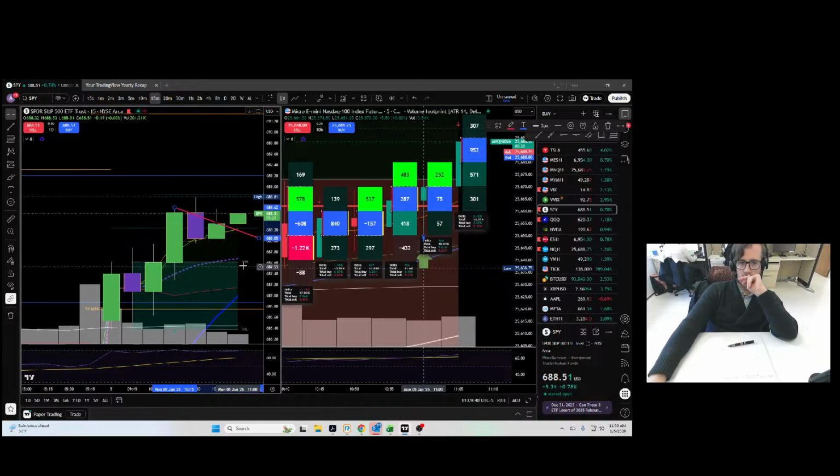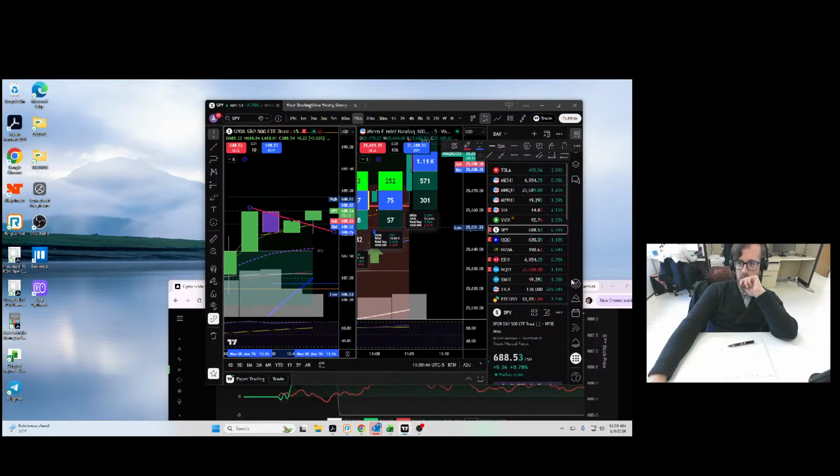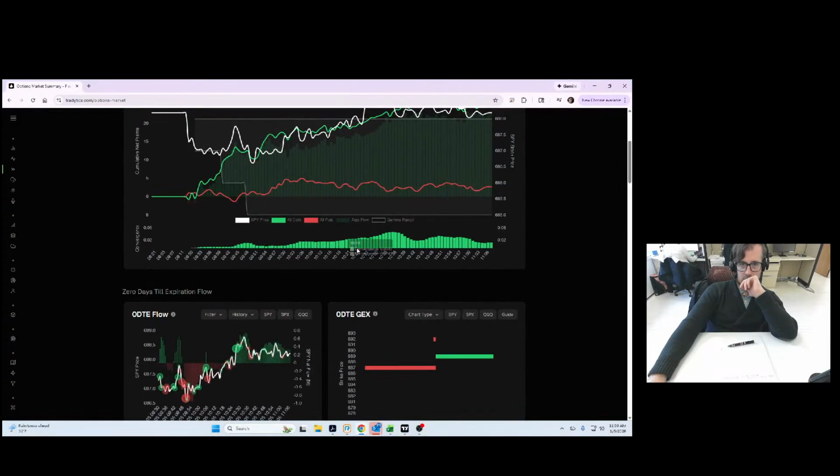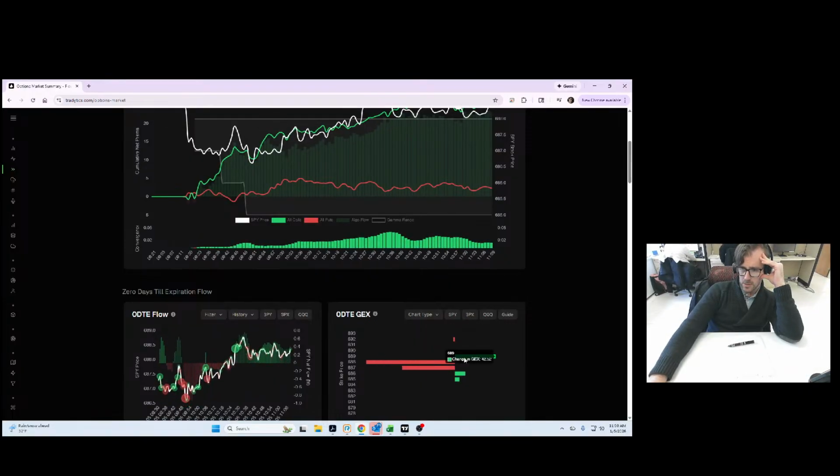Oh, gap below? No, I don't think it's going to gap below. Just given this, I mean, SPY's probably going to hit some resistance here because this gap, I mean, this is, oh, nope, now it's going higher. So these gamma levels are going higher.